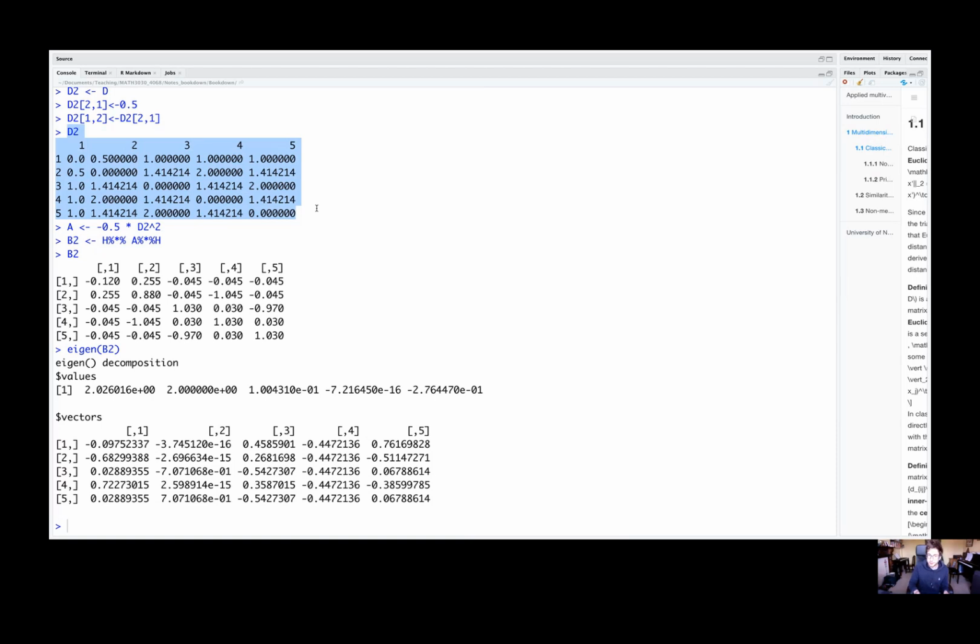But what we can do instead is find the positive part of B. So if we let lambda be the diagonal matrix, let's call this square root of lambda, the diagonal matrix of the first two eigenvalues square rooted.